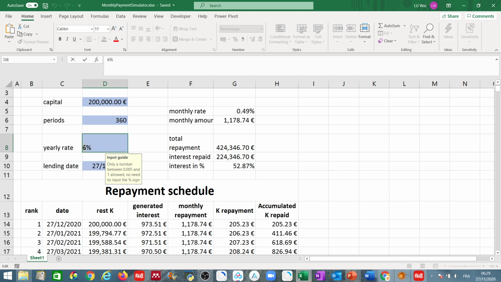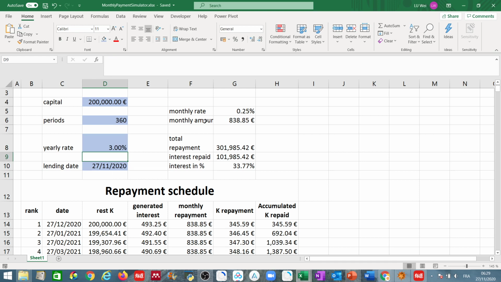If the yearly rate is 3%, in this condition we have only to repay 838 euro per month.